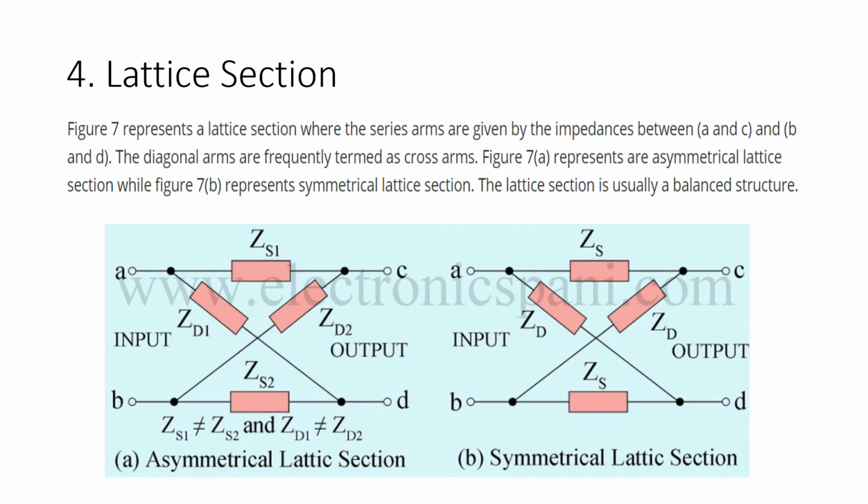Cross arms are not equal, series arms are not equal, means asymmetrical. But when impedance between A and C and impedance between B and D both are equal, as shown in the figure ZS, both are same. Similarly, cross arms both have same impedances ZT. This is symmetrical lattice.